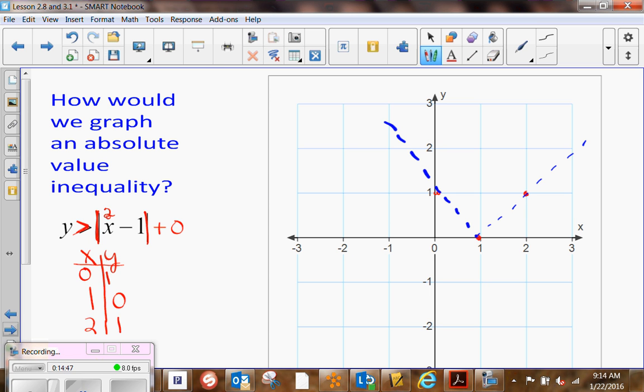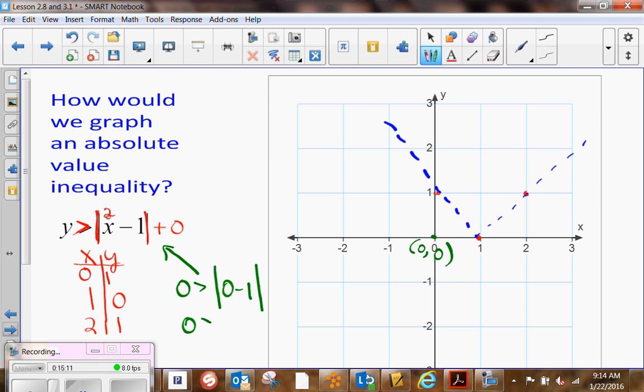Now I need to know, am I going to shade, is the solution set everything outside the V or inside the V? Well, let's use our old 0, 0 and find out. Because if it works, then everybody outside of the V will work. So if I plug 0, 0 into the original equation, I will get 0 is greater than the absolute value of 0 minus 1.